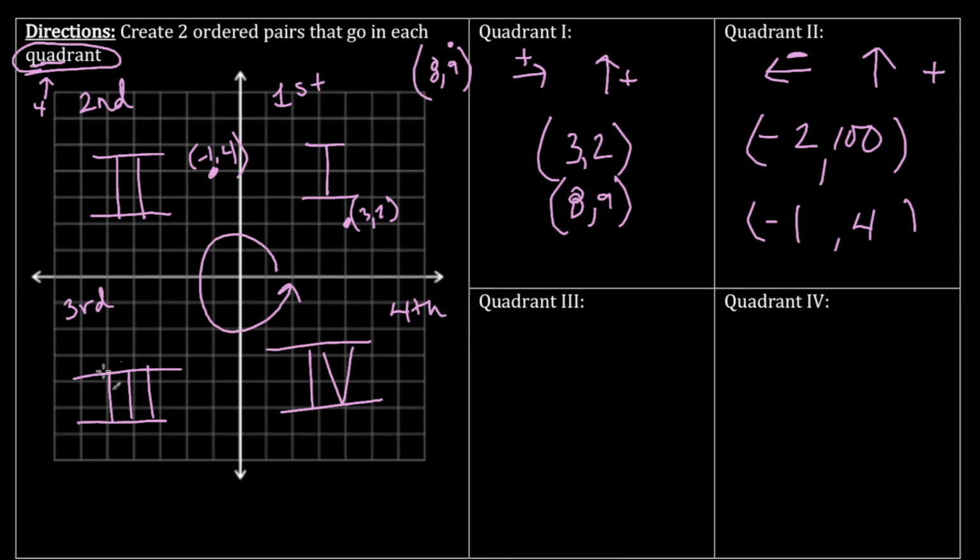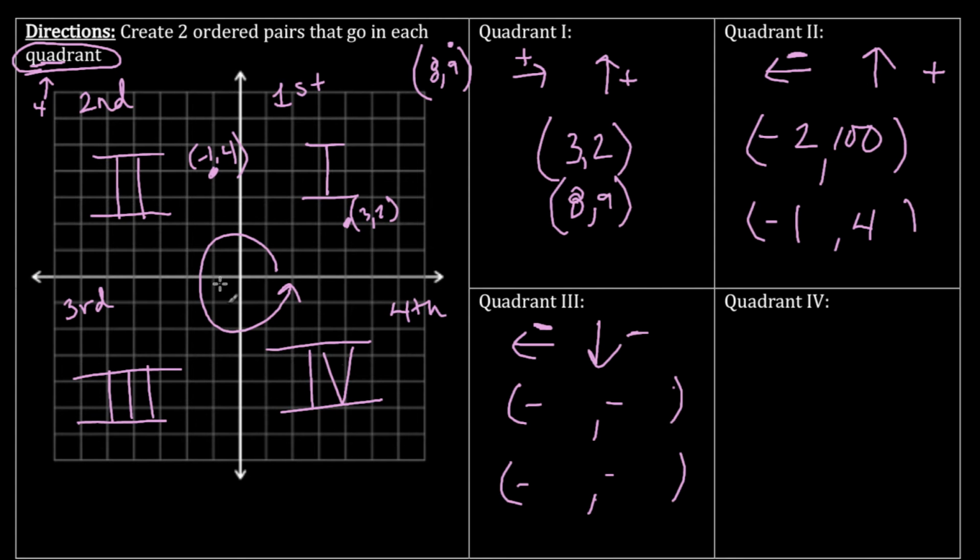Quadrant 3. So this one right here, we move left, and then we will move down. So left is negative for the x, down is negative for the y. So negative, negative.